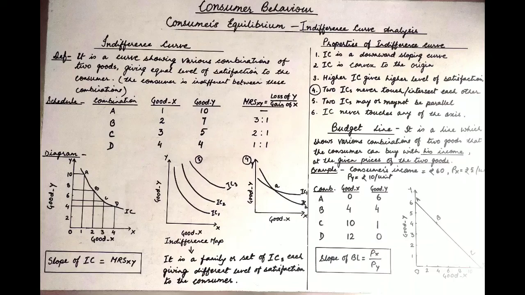The difference is that on the budget line, his total income is spent, and if he purchases any combination which is inside the budget line, a part of his income is left unused. On the other hand, any combination which is to the right of the budget line or outside the budget line cannot be purchased by the consumer because his budget is limited.